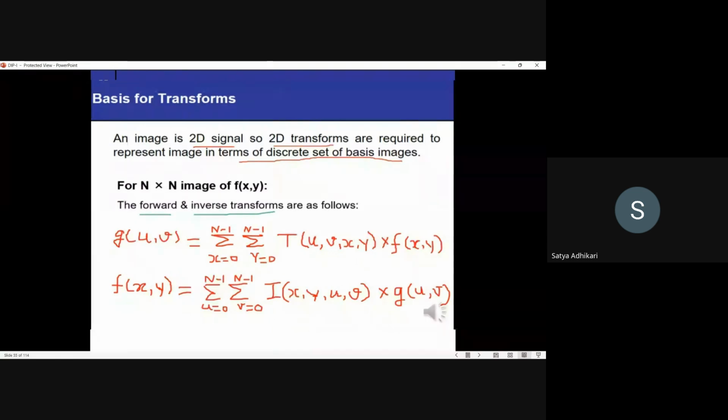So in the first equation T(u,v,x,y) is there, but in the second equation I(x,y,u,v) is there, which is applied to g(u,v), and you will get f(x,y), which was originally there. In this way, the forward and inverse transformation works.